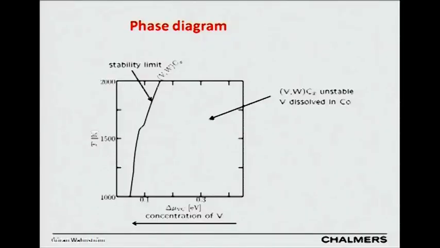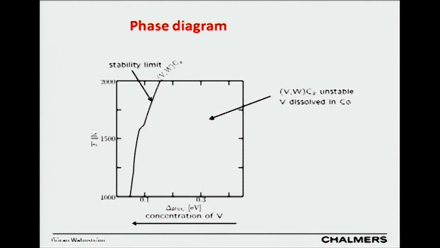So then we have phase diagrams, and we would like to add this information to the phase diagram. Here is a phase diagram, calculated by the Thermo-Calc software. You see temperature on the y-axis and concentration or chemical potential of vanadium on the x-axis, and the concentration is larger to the left.